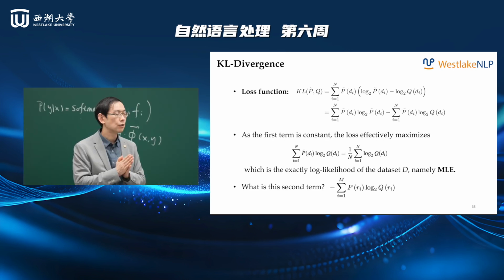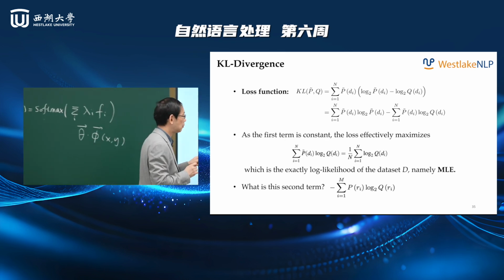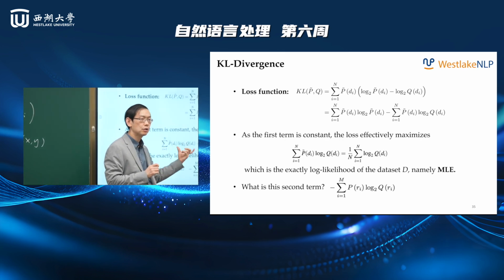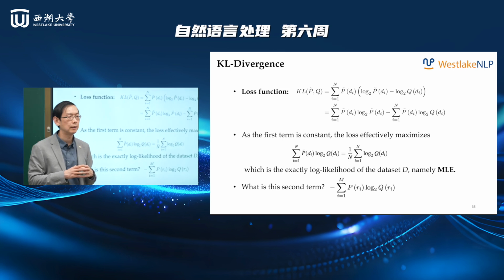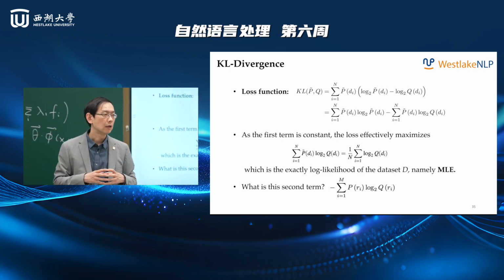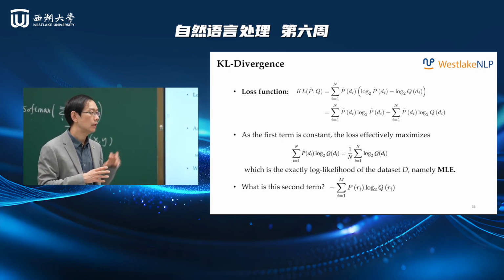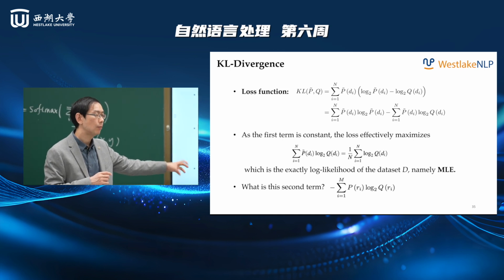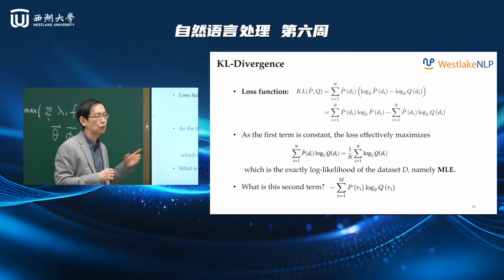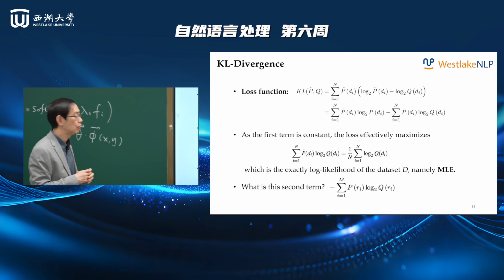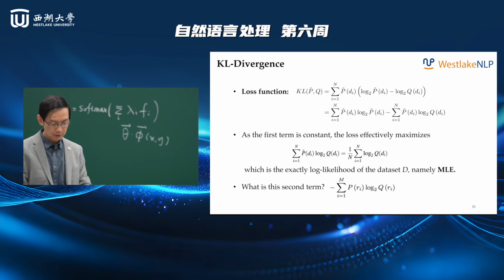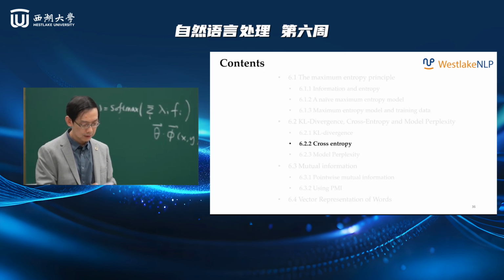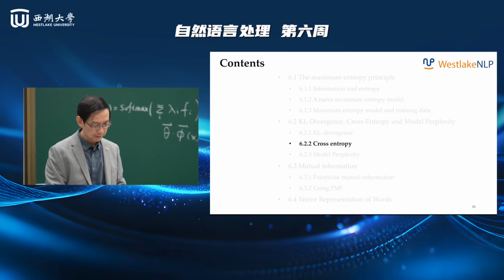For every possible outcome of my random event, I use minus log 2 Q bits to encode it. However, I'm not calculating the expected number of bits by using Q, but I'm using P, another probability distribution. So this is called cross entropy.